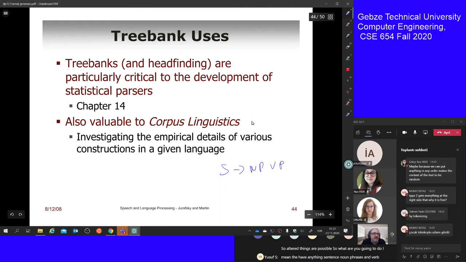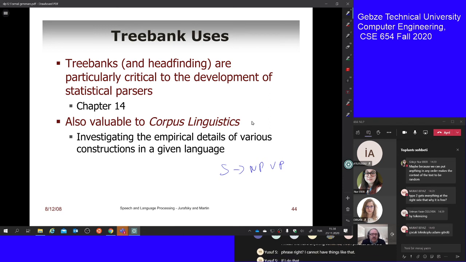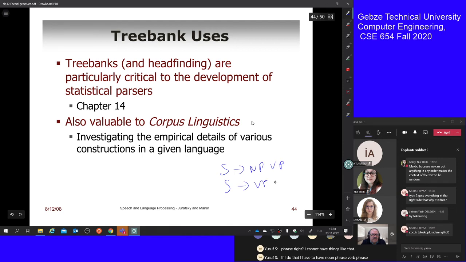I cannot have things like that. If I do that, I also have to have noun phrase, verb phrase, noun phrase, and this is possible too in Turkish, right? So what is the meaning of having a grammar then? I mean, I can parse anything that I like.